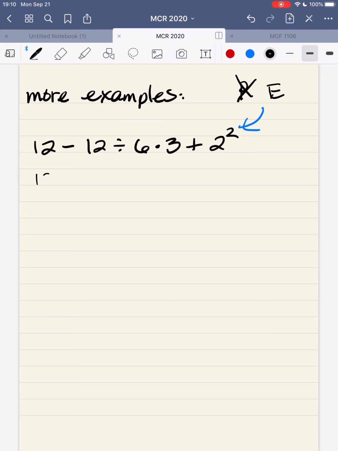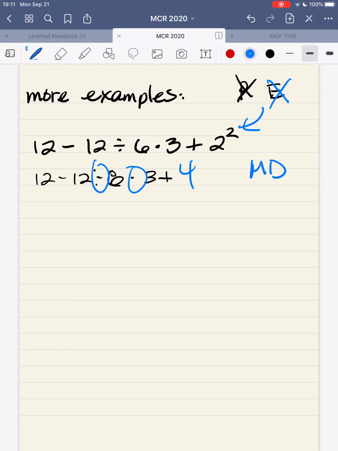So right now I have 12 minus 12 divided by 6 times 3 plus 2 squared, which is 4. Okay, so my exponents are done. Do I have multiplication or division? Absolutely. I have multiplication here, division here, and remember we have to go in order from left to right.